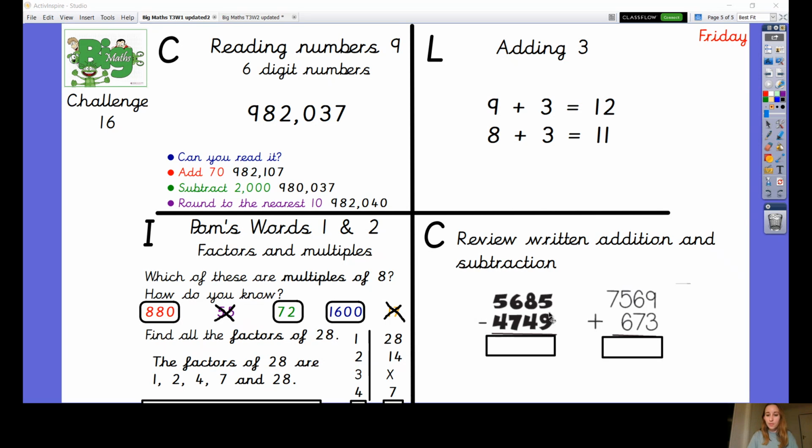Start in the ones column and work your way across. Remember not to swap any numbers over. If you don't have enough, you can regroup from the next column. And when you're adding, if you've got more than 10 in a particular column, you know that you can regroup that into the next column over. So have a go at those two calculations, pause the video while you're doing that and press play when you're ready to check the answer.